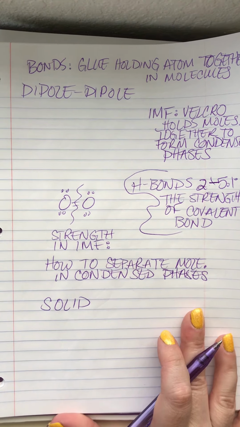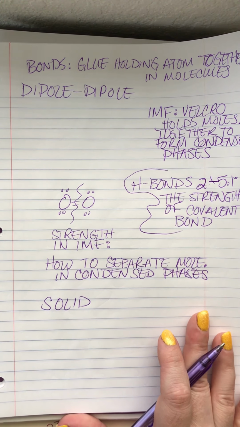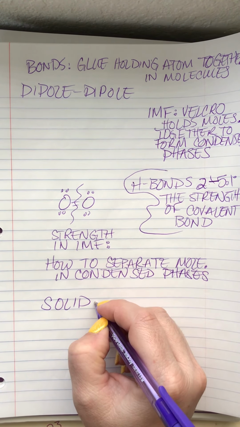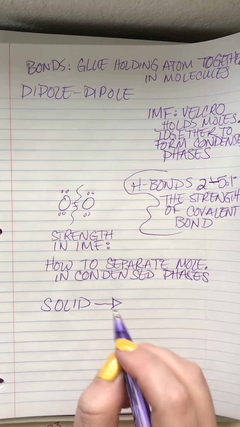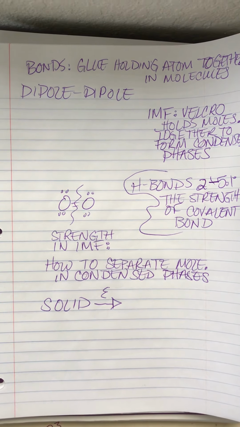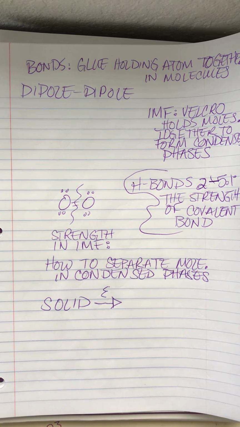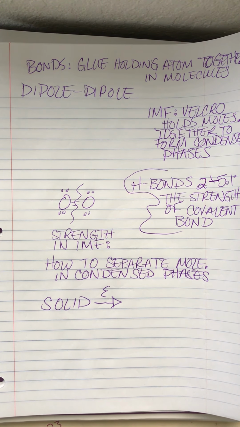Now, that's a really complicated way of saying, for example, if we have the condensed phase solid, and we did something to give these solid molecules more energy, what happens when we give a solid more energy? What happens to the solid? Does it change phase?